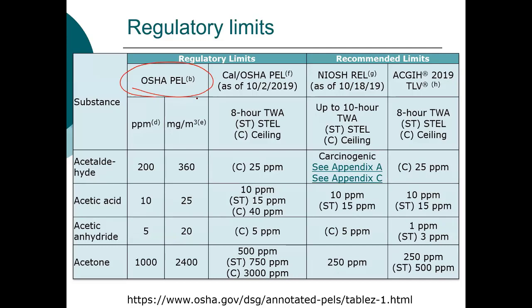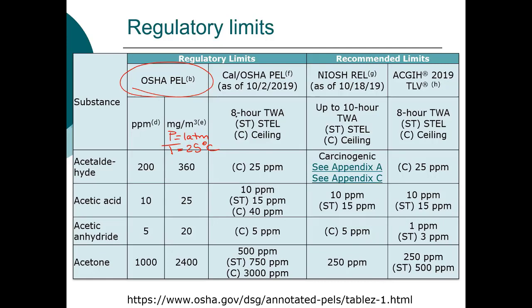Notice it's in parts per million and also in milligrams per cubic meter. The conversion here is for a pressure of 1 atmosphere and a temperature of 25 degrees C. Specific conditions, as we've learned with the conversion. So all of these are 8-hour time-weighted averages.